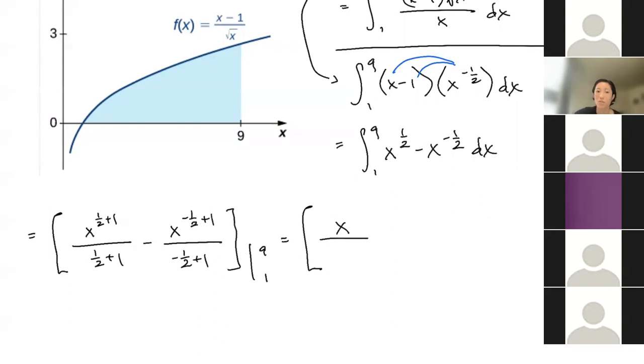X to the, what does this new power become? I know these are boring kind of questions, but I want us to make sure we're getting our computation in there. 3/2, great. What's in the denominator? Three halves, good. Minus x to what power in the second term?